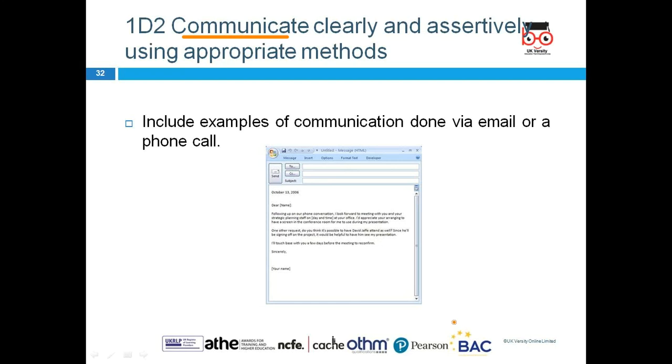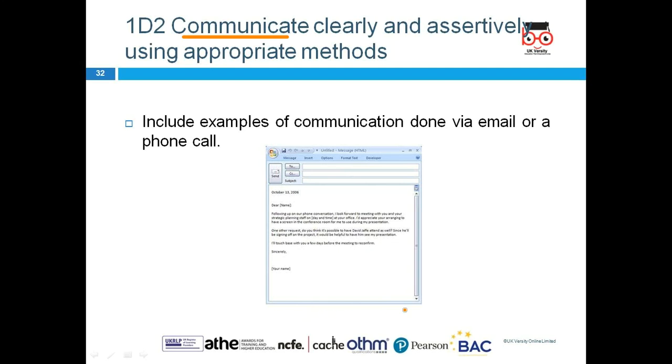But in case you don't make a PowerPoint, the easiest way to answer it is to include an example of some communication done via email. The best way to do this is to create an email to a customer or copy and paste one off the internet. Like I've put an example over here, which says following our telephone conversation and so on.